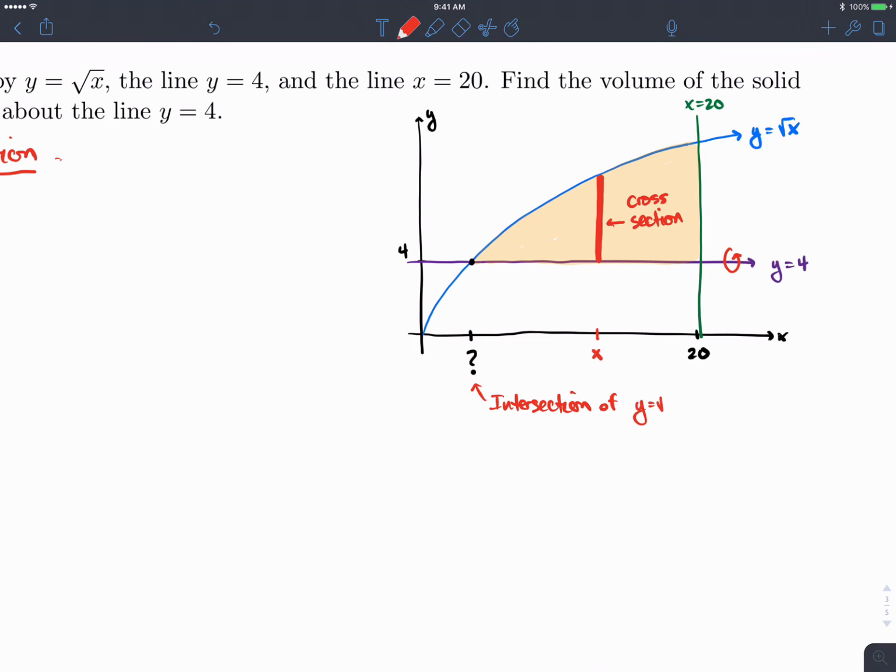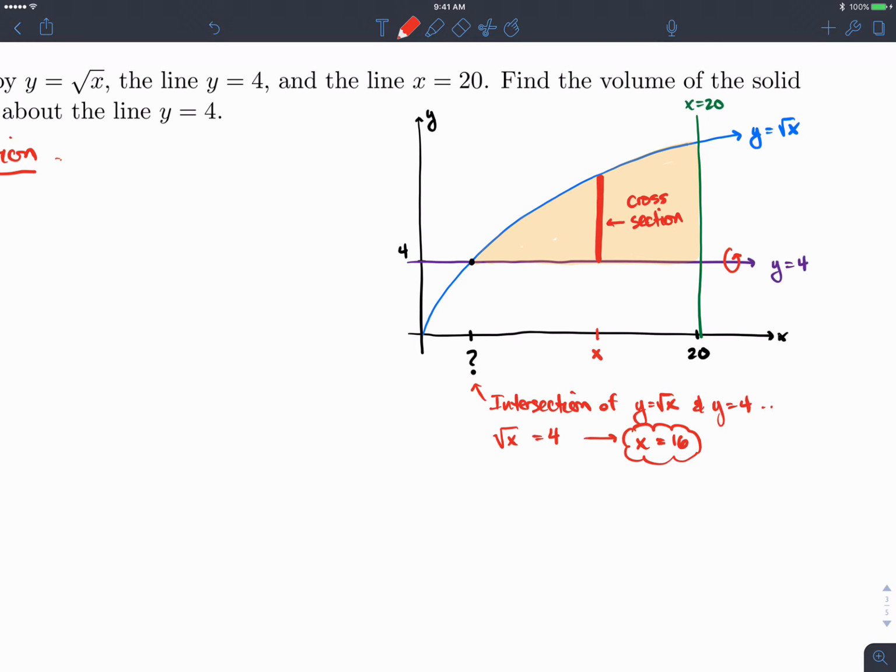So we take those two curves and set them equal to each other. We're trying to figure out the x value where these two curves are equal. And if we square both sides here, we see that x is equal to 16.